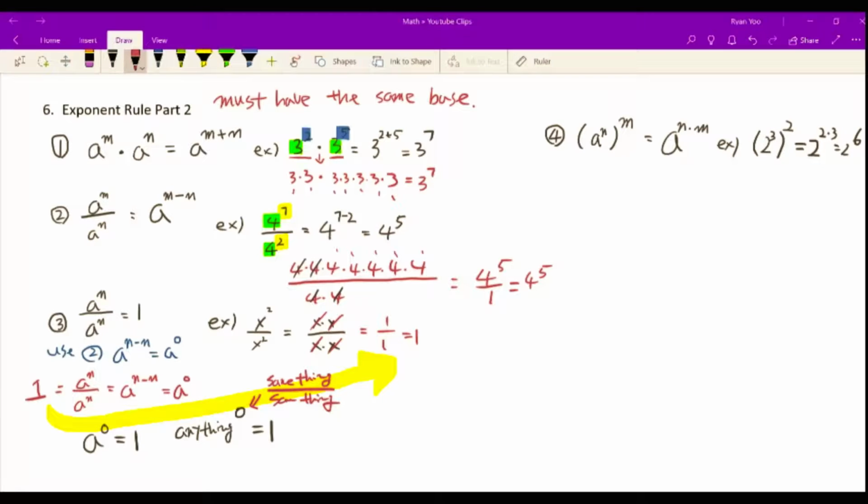The reason is this. If you have 2 cubed raised to the second power, it means I have another 2 cubed multiplied. So now this is exponent rule number 1. When you have the same base, what do we do with the exponent? We add the exponents, 3 plus 3, which is 2 to the 6th power. Or from the very beginning, just multiply.